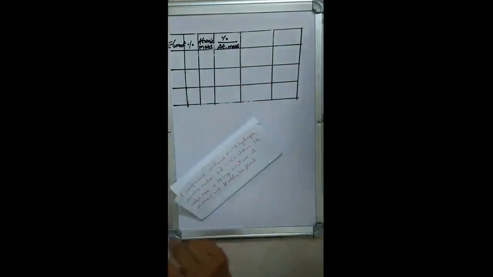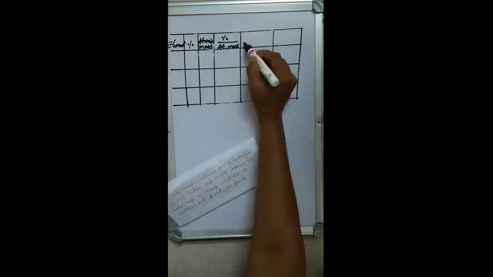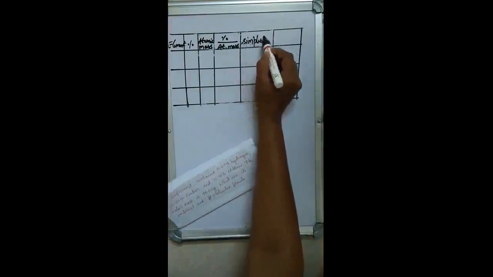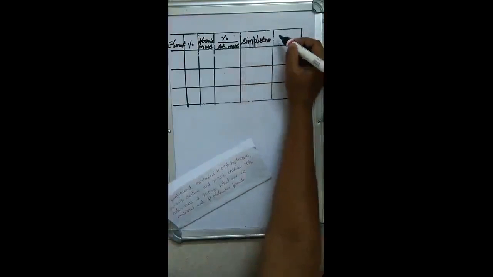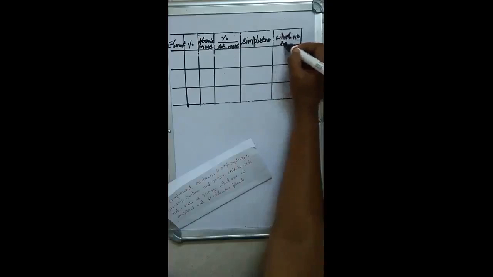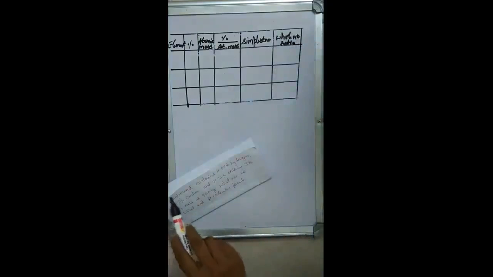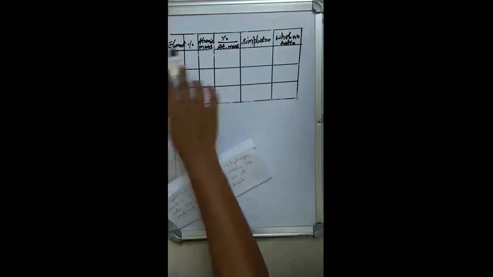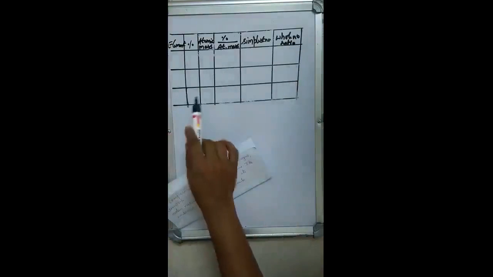Then the simplest number, and then the whole number ratio. So you have to draw a table.